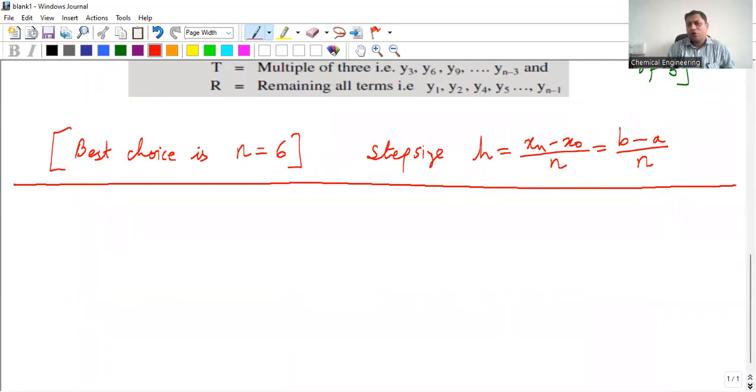So with these formulae, now we'll go for an example.